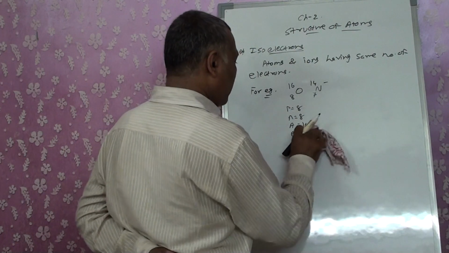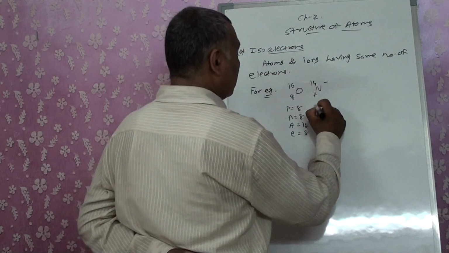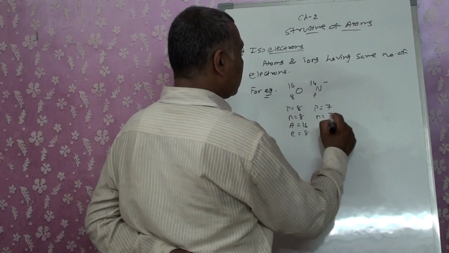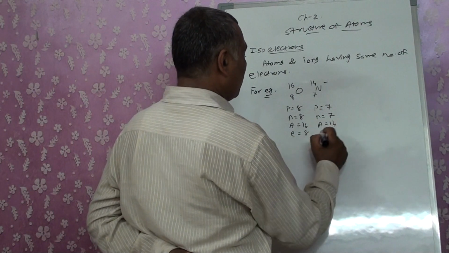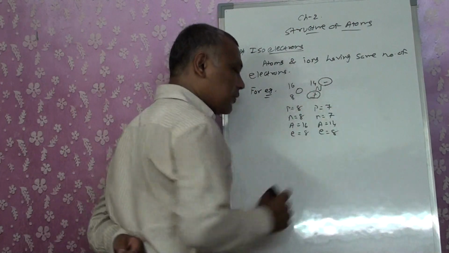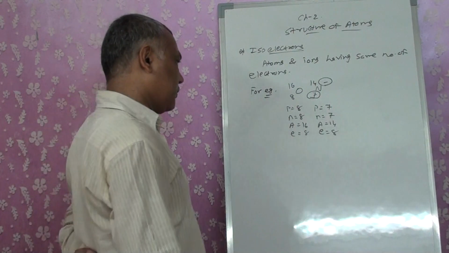So you will be getting it as O here, 8. For this, protons you will have 7, neutrons 7, atomic mass 14, but electrons 8, because 7 plus 1, right? So you will get it as 8 electrons.